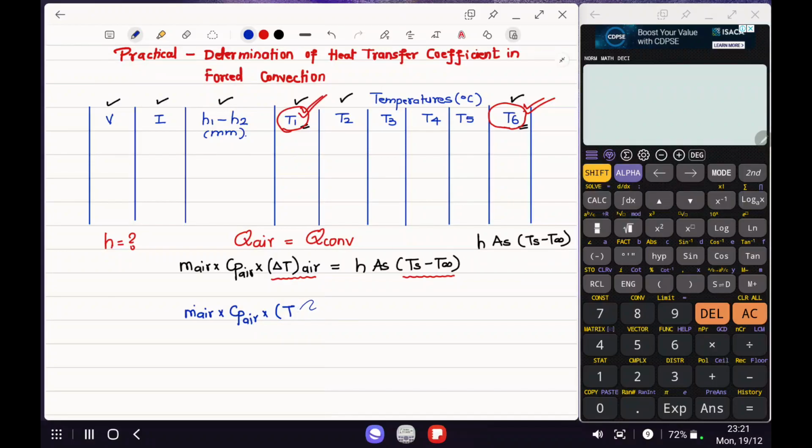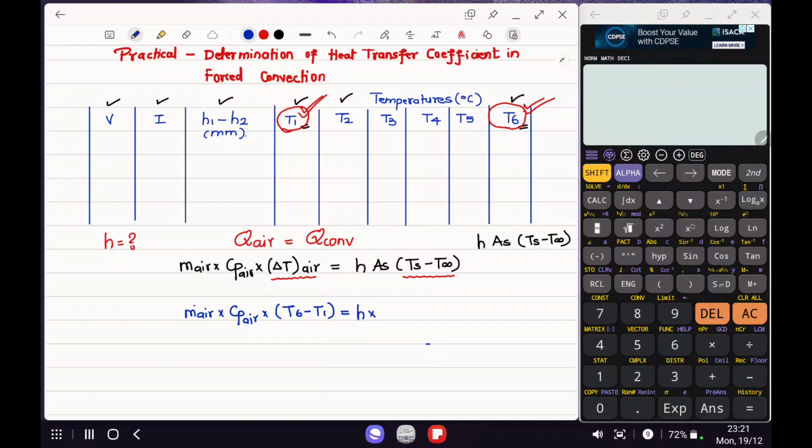So this will be T6 minus T1. It is equal to h multiplied by As, which is nothing but the surface area of the pipe through which air is flowing. Remember, there are two types of areas for a pipe. One is surface area, one is cross-sectional area, because this air is contacting the entire surface of the pipe.